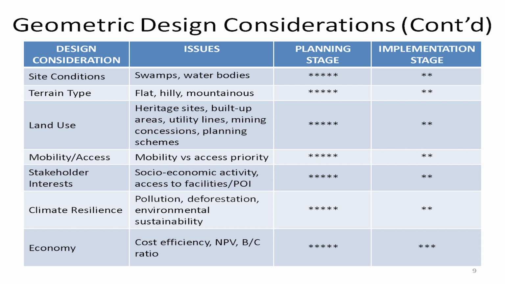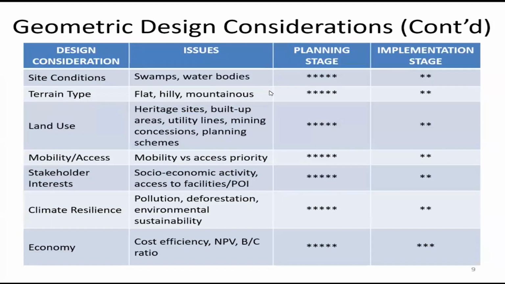For site conditions, we are looking at swamps, water bodies, soft spots, and so on. Any given terrain type, for instance, informs the selection of design speed, earthwork volumes.